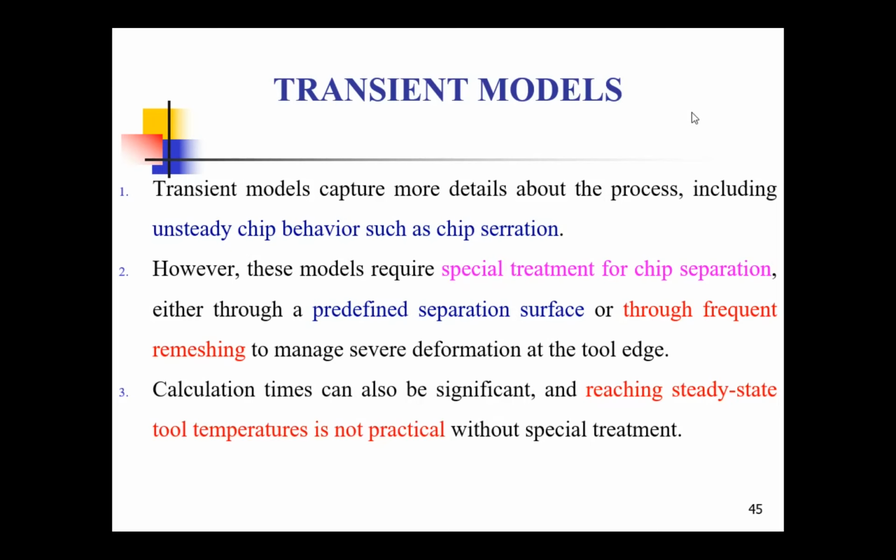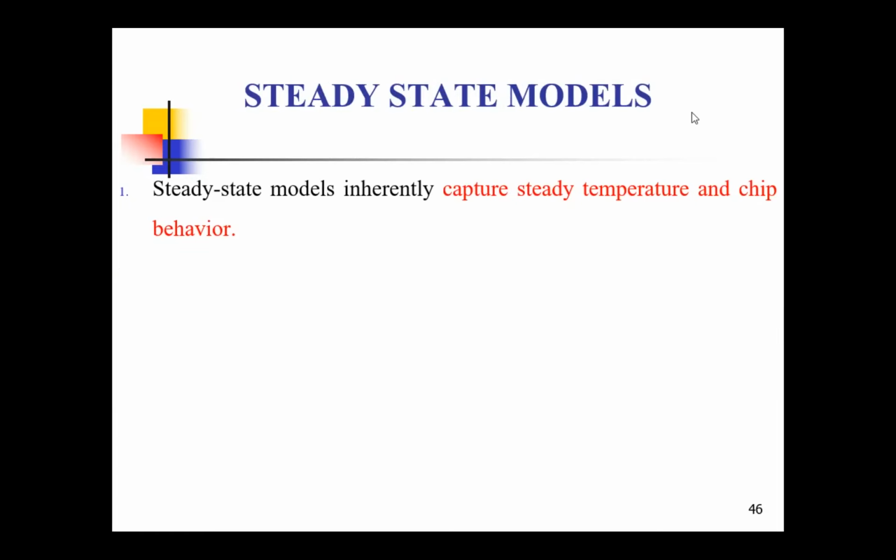For this purpose, we have to do some special treatment, that is, eliminating a part of the chip from the produced chip. Then again we have to simulate, thereby reaching the steady state condition, and only then we measure the outputs. Then come the steady state models.